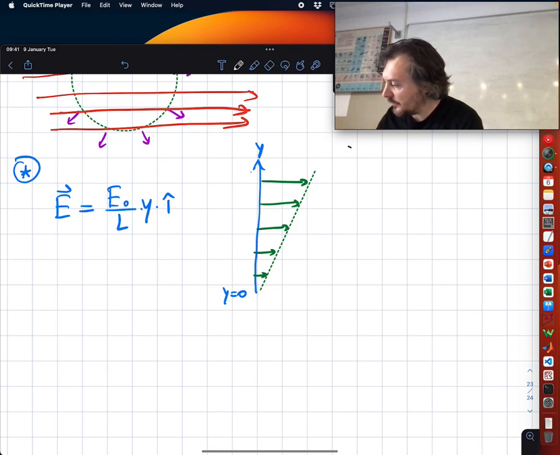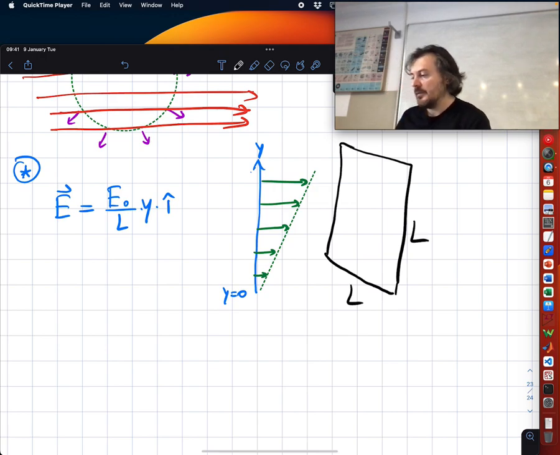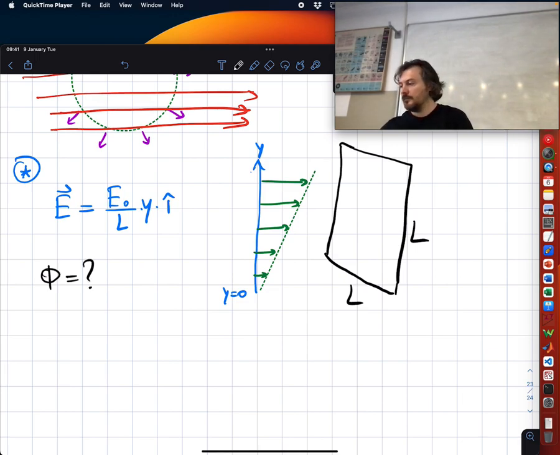Now I put a surface. Let's say I put a surface over here, a square. So what is the flux? And this is y equals 0, this is y equals L. Do you understand the question? Everybody understands the question?